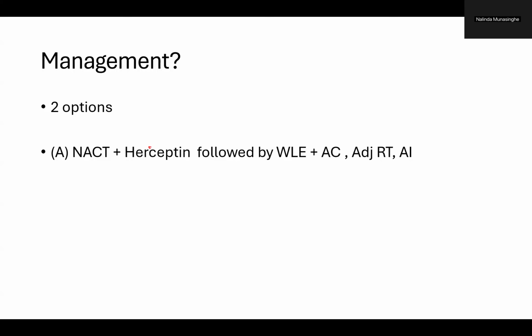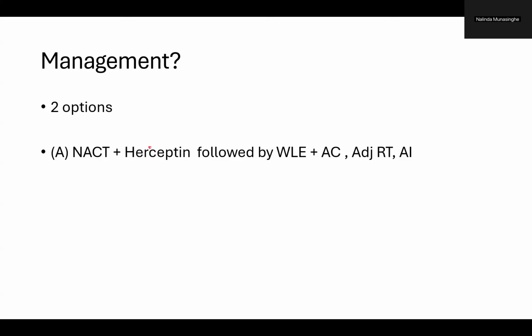So the first option is you can give neoadjuvant chemotherapy because lymph nodes are involved and it is HER2 positive. HER2 positive patients tend to respond very well to neoadjuvant chemotherapy, as well as the triple negative ones. So you give neoadjuvant chemotherapy plus Herceptin because the HER2 is positive. Herceptin is the brand name; the generic name of the targeted therapy is trastuzumab.